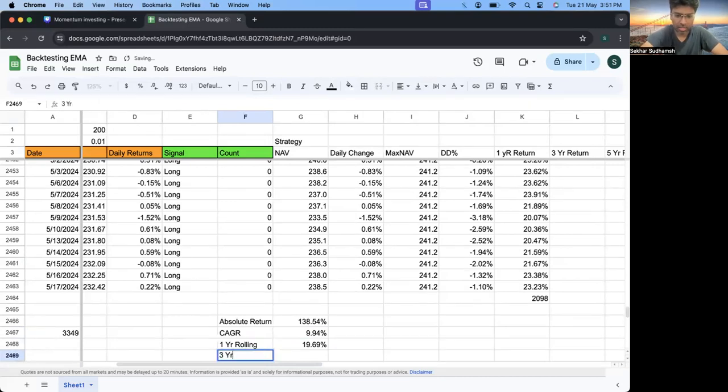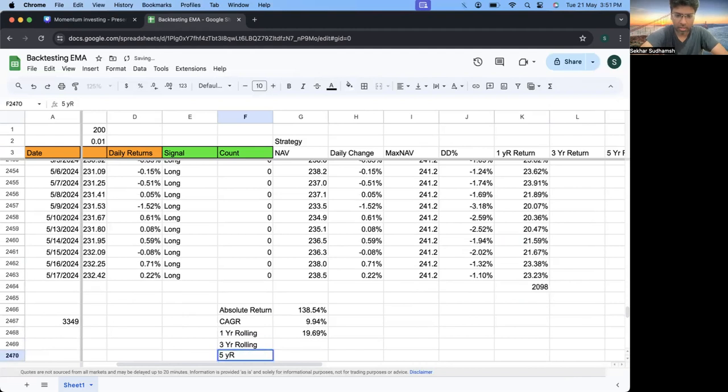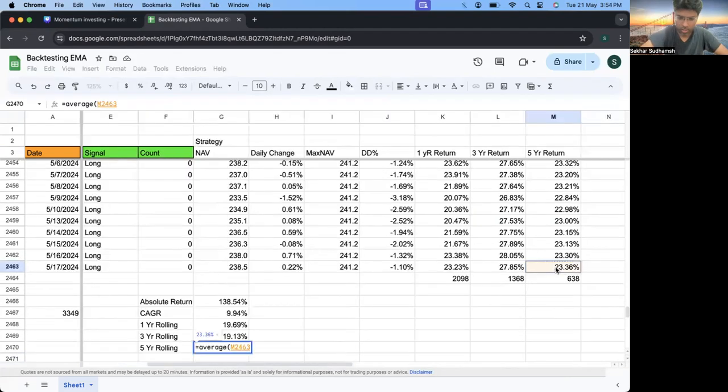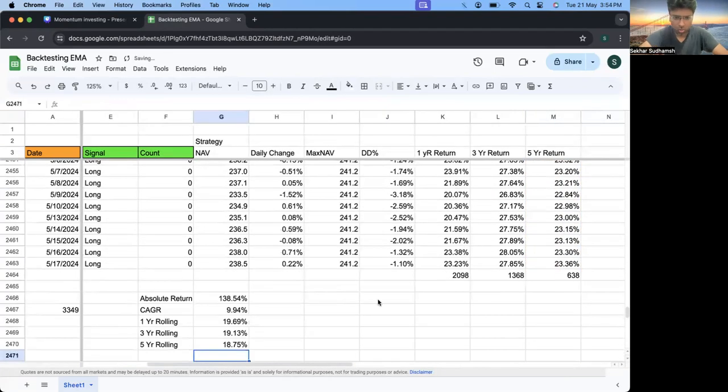Let me do the same exercise for 3-year and 5-year rolling returns. Cool. So we got 1-year, 3-year, and 5-year rolling returns. These are much better ways to compare a strategy than the CAGR, because CAGR takes into consideration only the start and end point and doesn't take into consideration the multiple points in between.